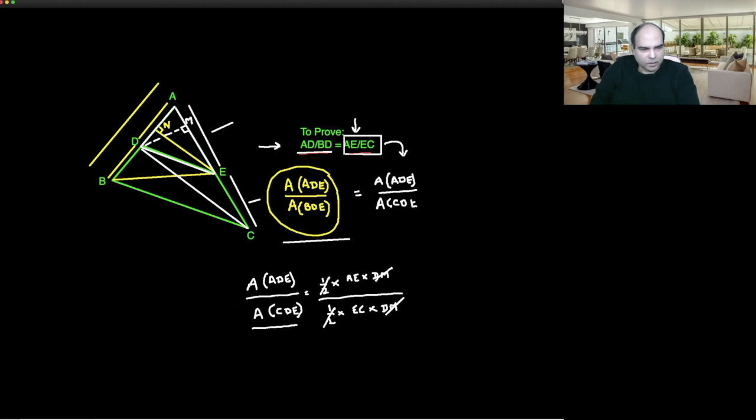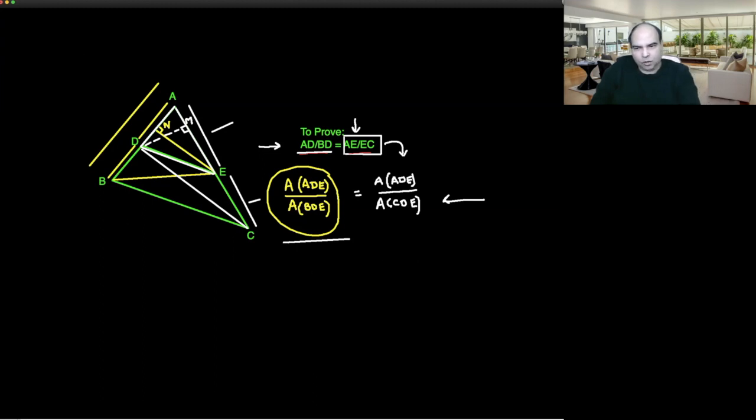So obviously if I can prove this, I will have proved that. So the question has moved away from where we were to the proving of this thing. Now it's very obvious that the numerators of both these are the same. Both of them are the area of triangle ADE only. So that's okay. But if you look at the denominator BDE and CDE, we need to then prove that BDE is equal to CDE.